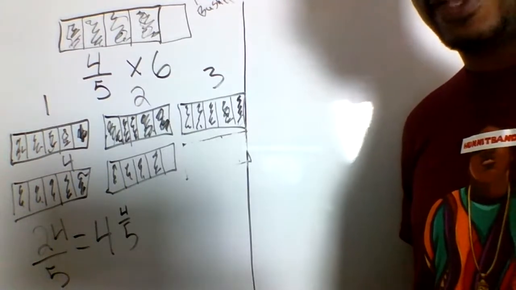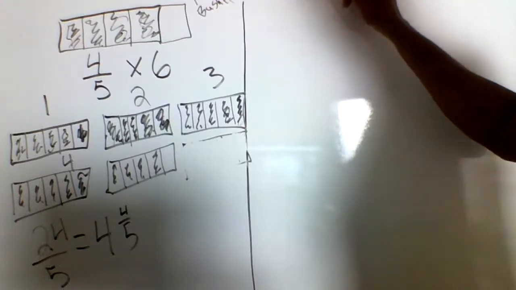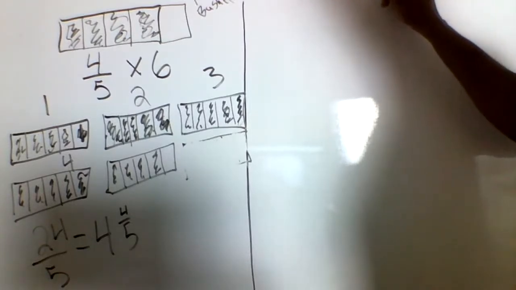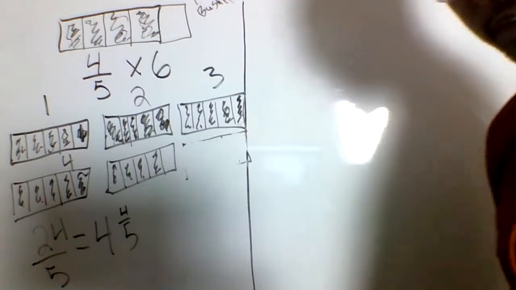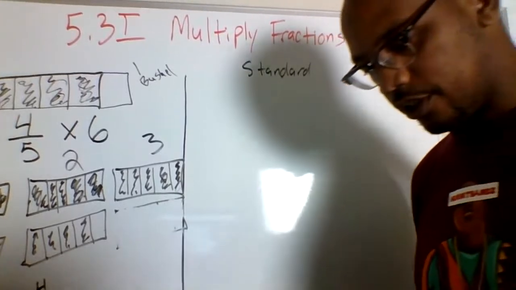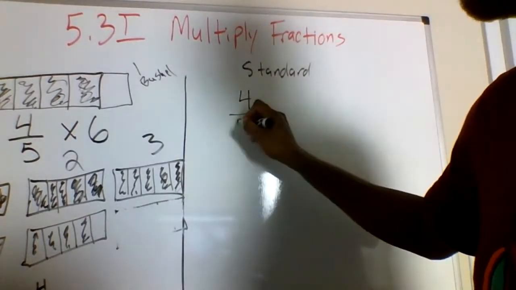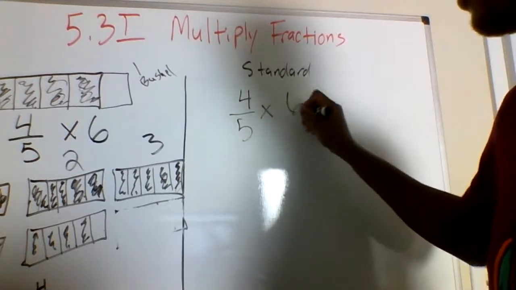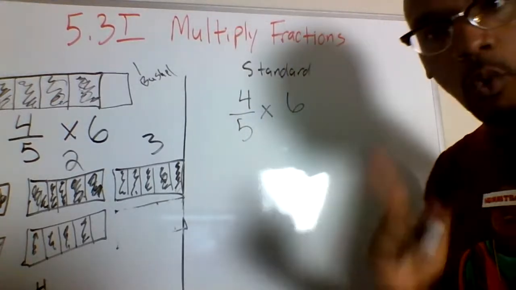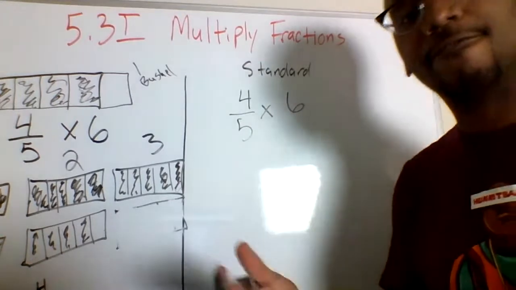All right. Now this is the picture way. Now I'm going to do it in the standard way. The standard way is just 4/5 times 6. Step number 1, I'm going to turn this 6 into a fraction.